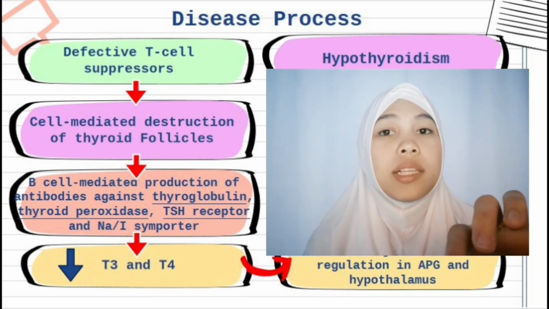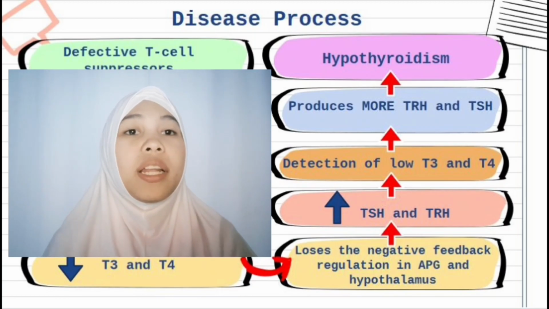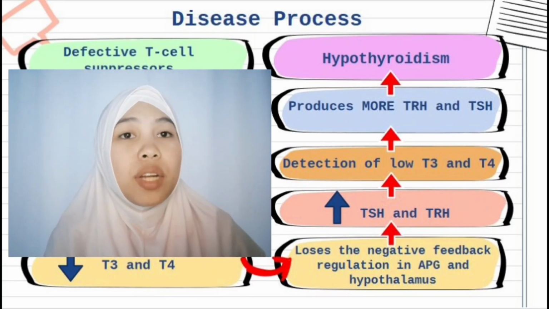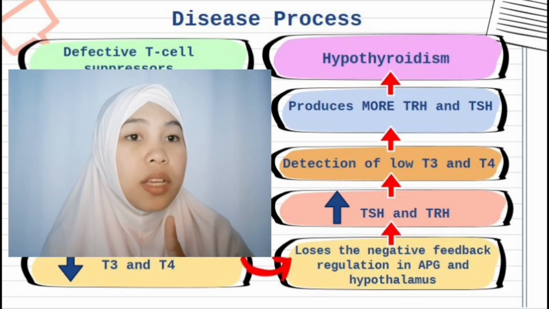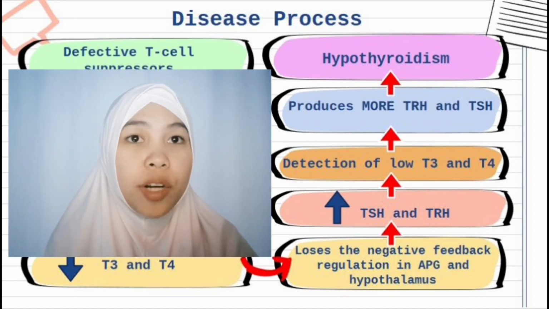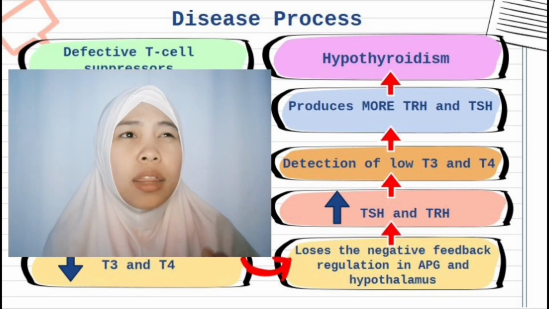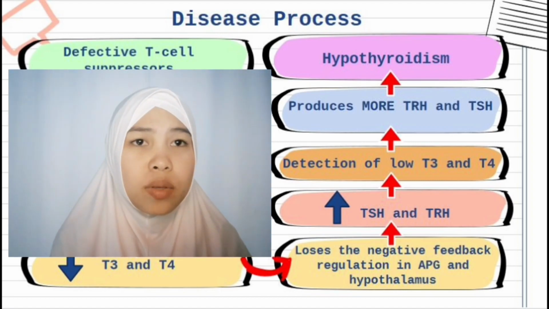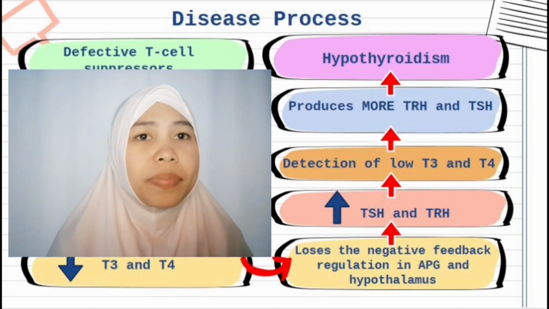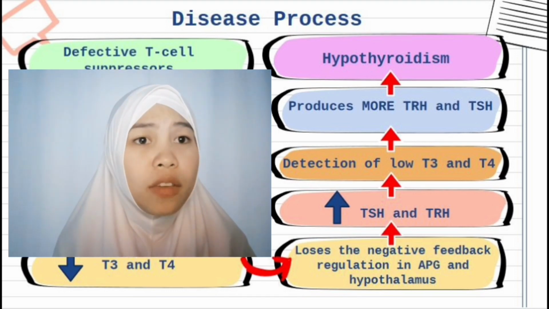So when there's a decrease in the thyroid hormone, we will also lose the negative feedback regulation at the anterior pituitary gland and hypothalamus. And then it will eventually lead to an increase in TSH and TRH, because that is a compensation. When there's little thyroid hormone, of course the thyroid stimulating hormone and thyrotropin releasing hormone will double their work, thinking that they are at fault for why the thyroid gland is not producing hormone. So they force it, increasing the TSH and TRH to force the thyroid gland to produce T4 and T3.